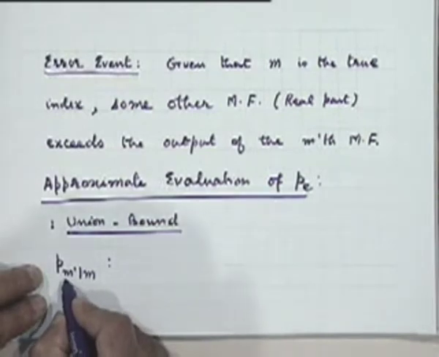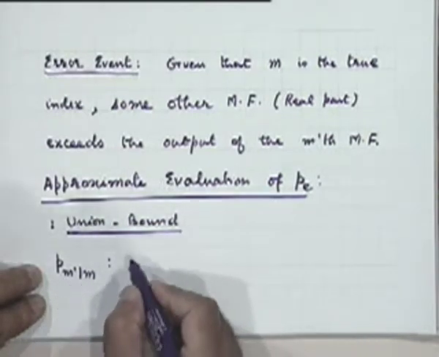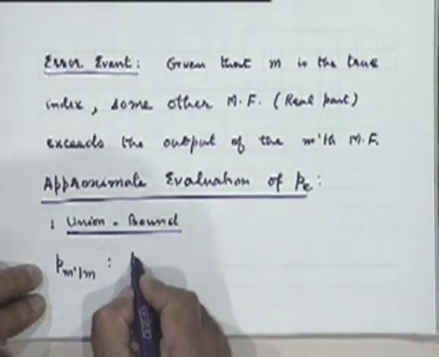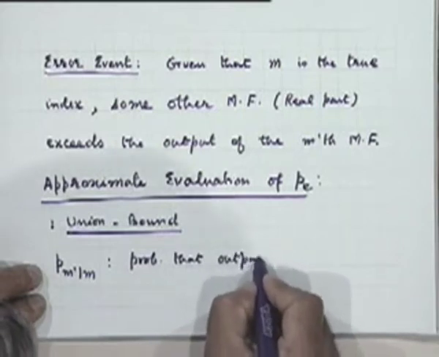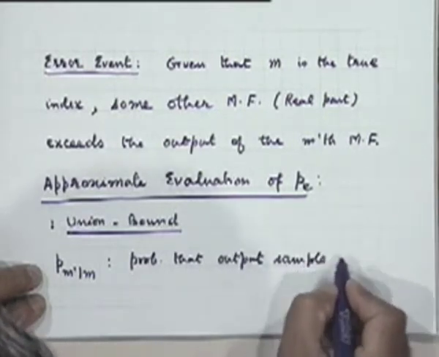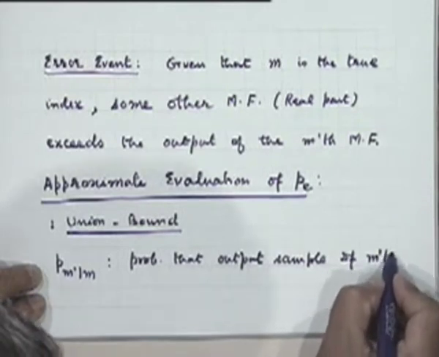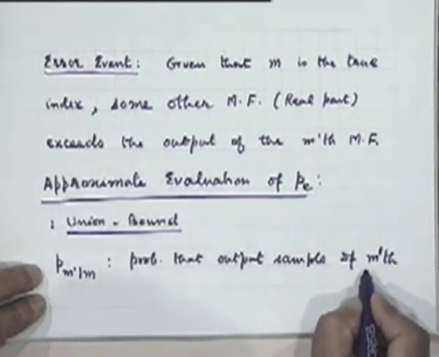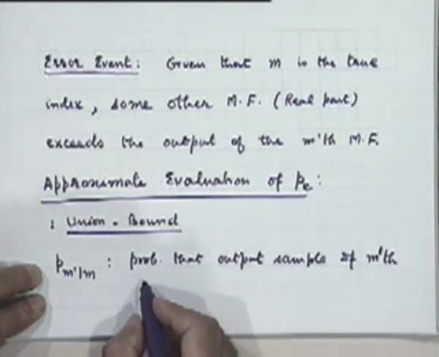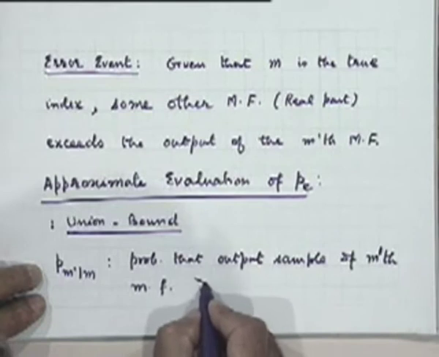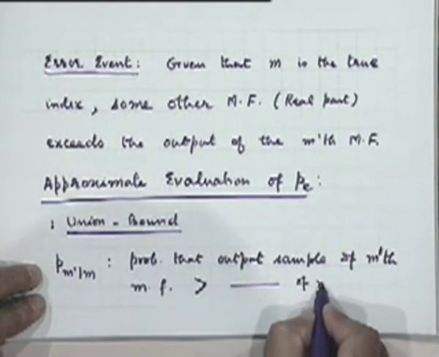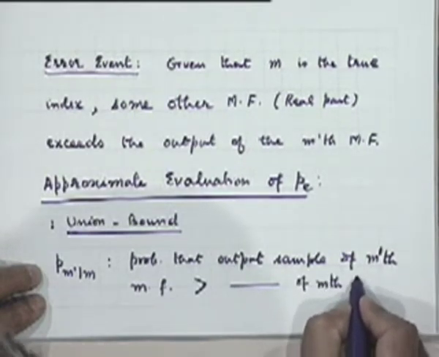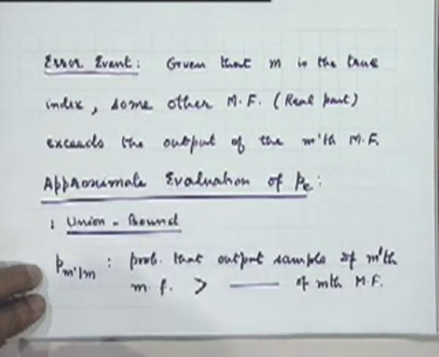I'm going to denote it by P sub m prime given m, as the probability that the output sample of the m prime match filter is greater than the corresponding output of the mth match filter, given that m was transmitted.